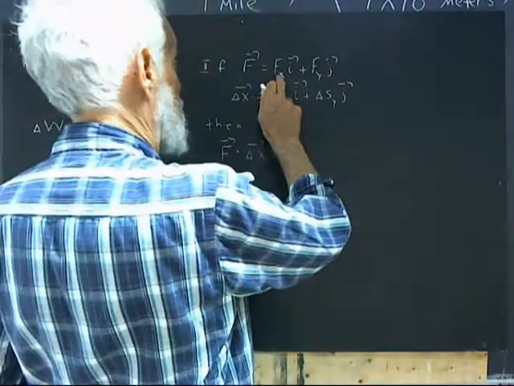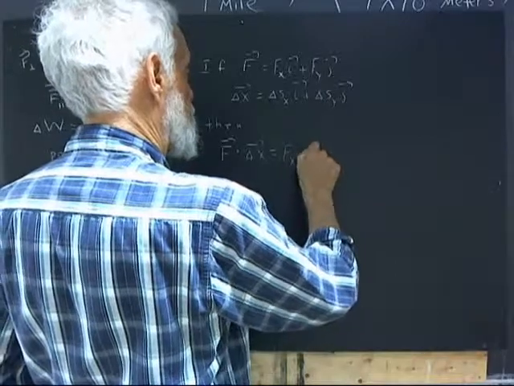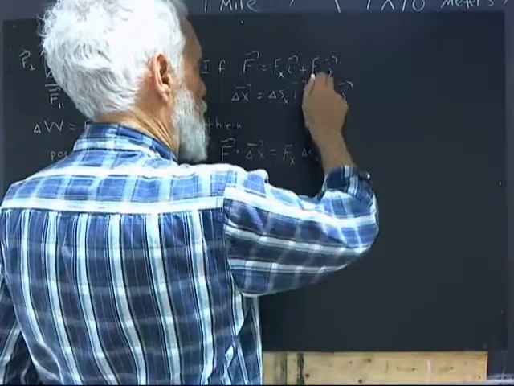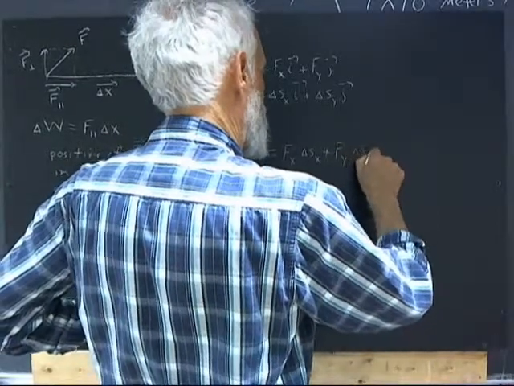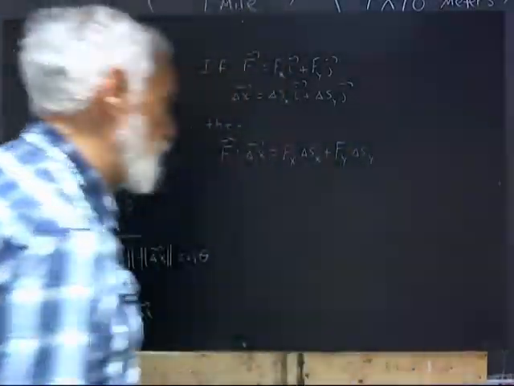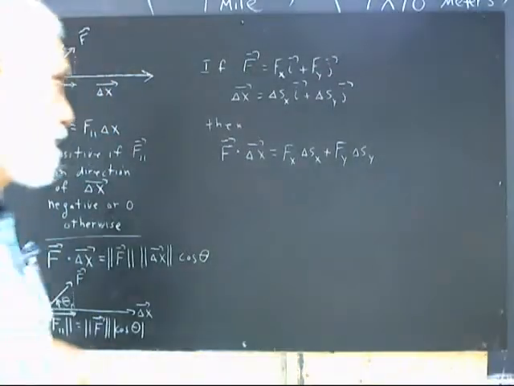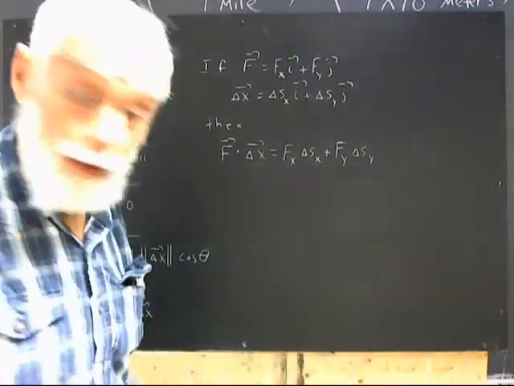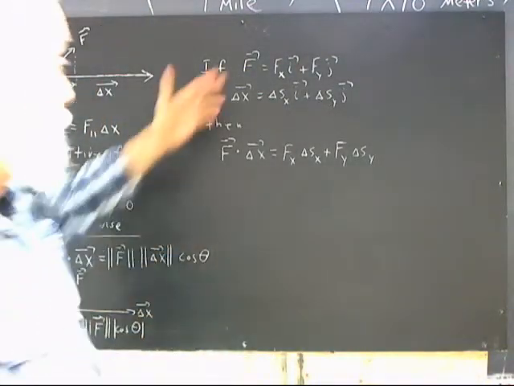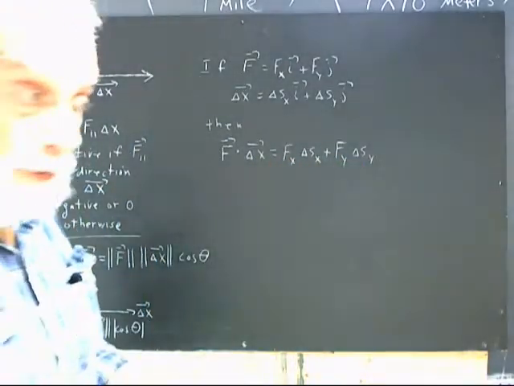We simply multiply the i components, the Fx and the delta Sx, and the j components, Fy and delta Sy. So that's it. That's how we calculate the dot product.